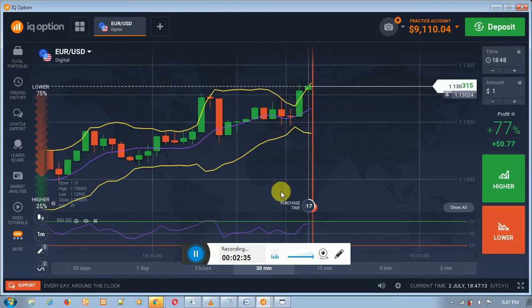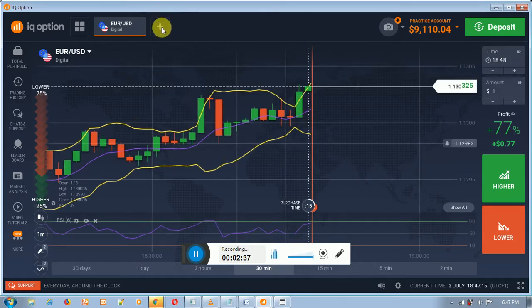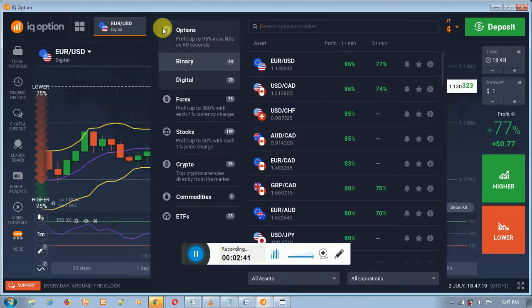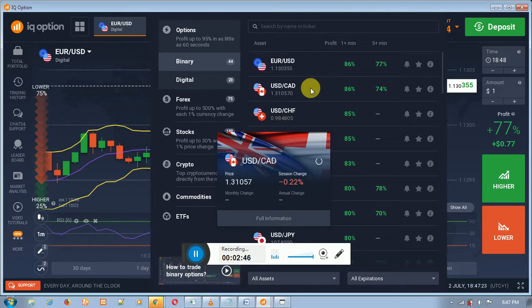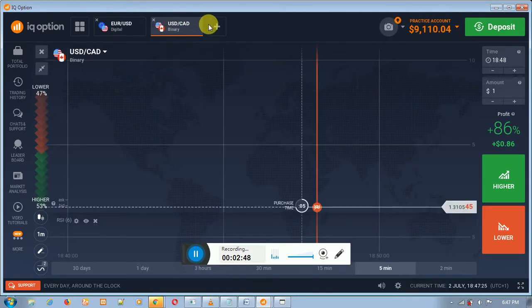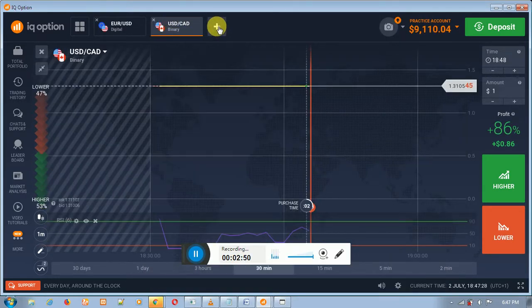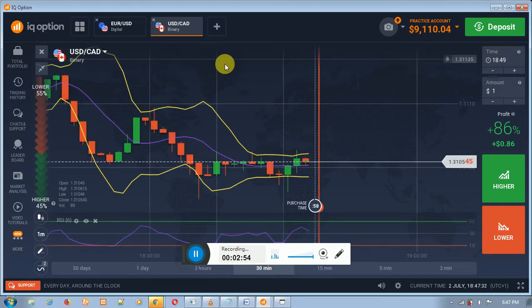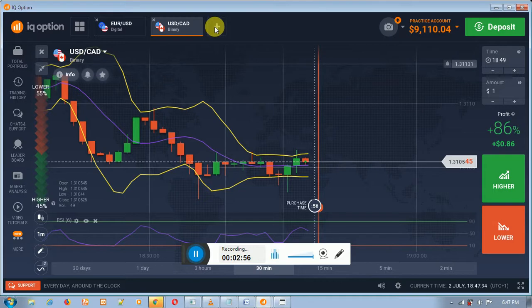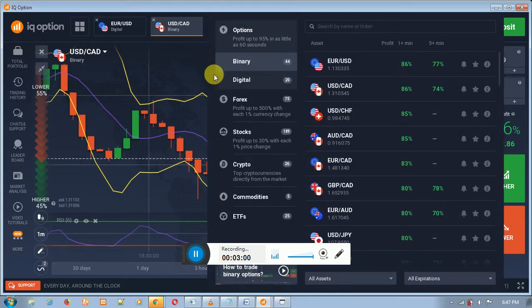So I'm going to click plus, that is add new currency. I'm going to add USD Canada dollar. Okay, it is loading. I'm going to add one more, I intend having 6 on it. I go to add again. I click on add. Okay, I add this again.